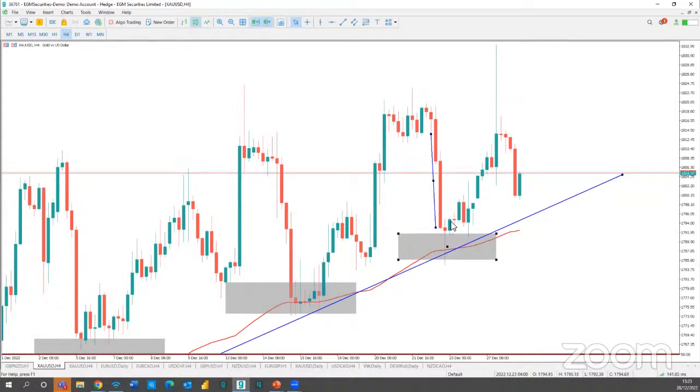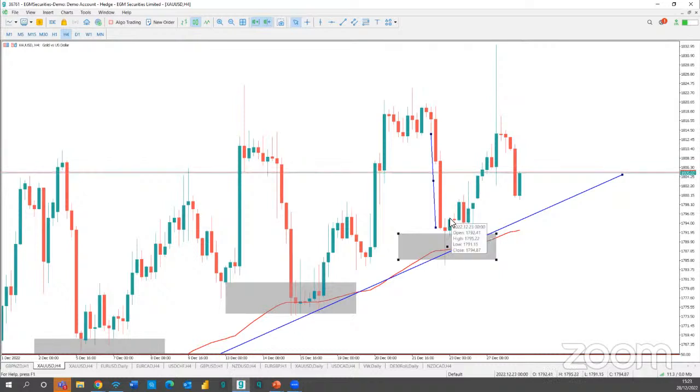Then you go next to confirmation, which is to look at the next candlestick which forms. For example, after this pin bar that you see there, the next is a green candlestick which opens, and it does not go lower below the wick or the tail, the low of the tail.